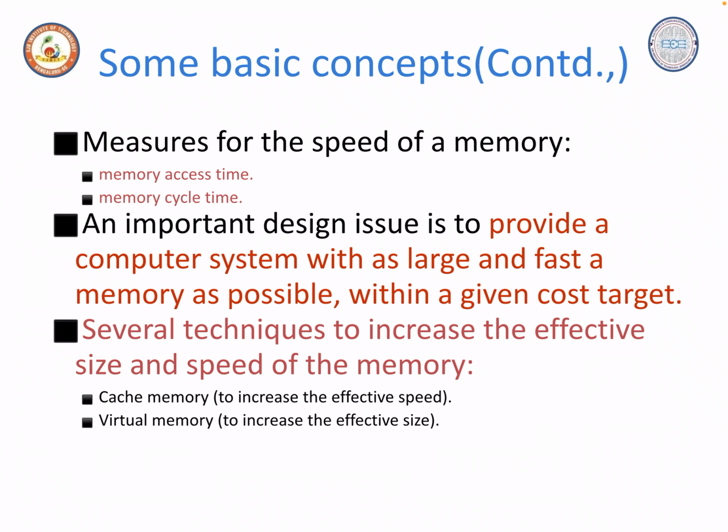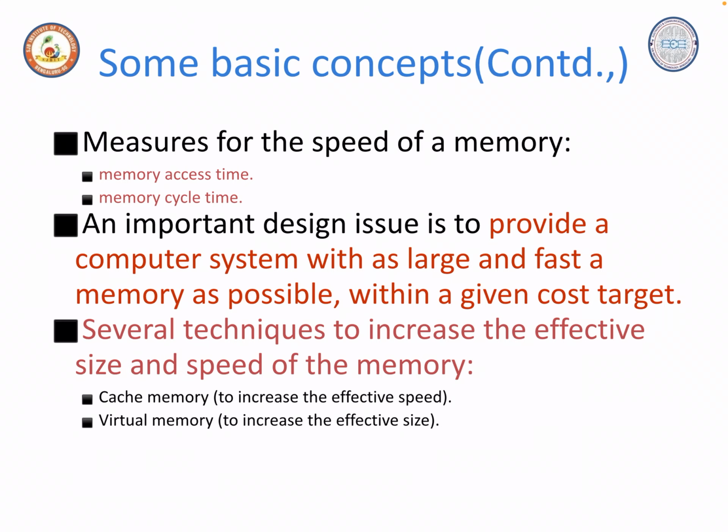The speed of the memory depends majorly upon 2 parameters, which are memory access time and memory cycle time. The name itself indicates memory access time: the amount of time it requires to complete one read or write operation.